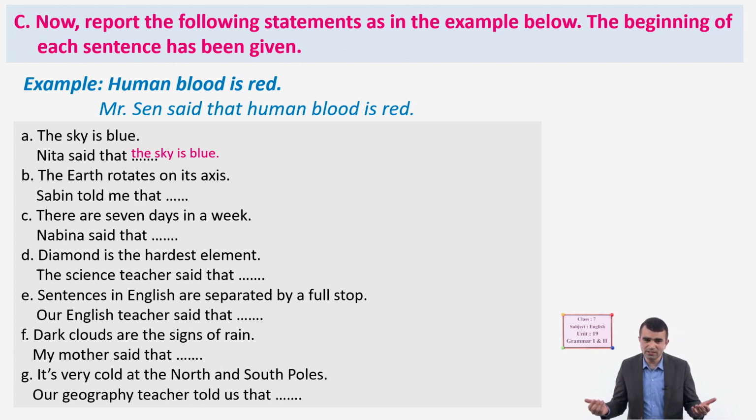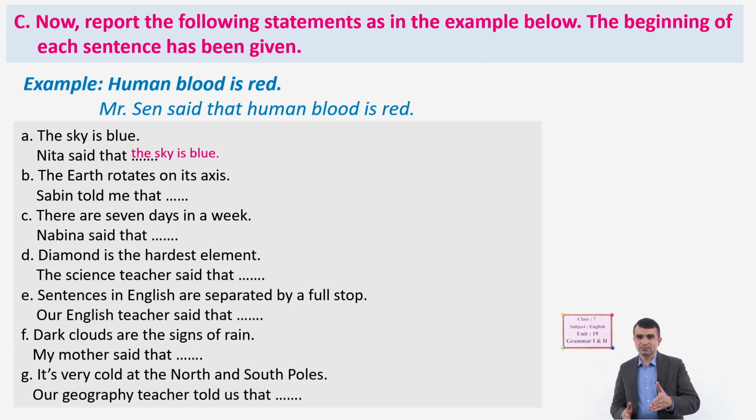You can easily do it. Sabine told me that. Okay, said that, told me that, both of them are reporting verb. Okay, I used said that there. Based on the previous example, we used said that, but told me that is also possible. Okay, so Sabine told me that.